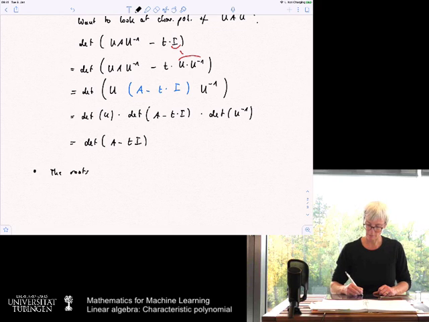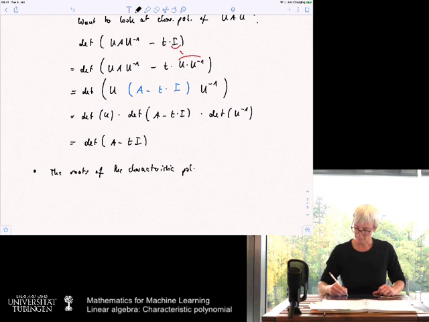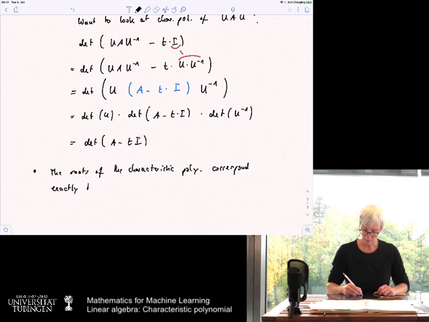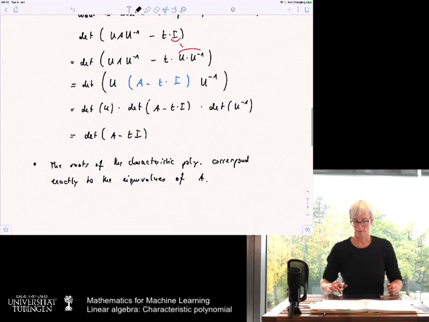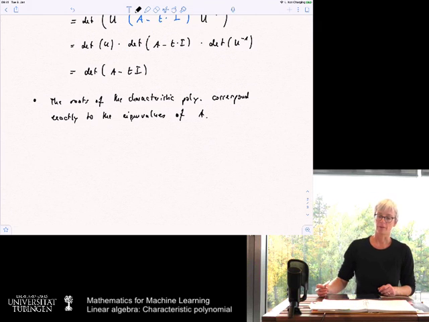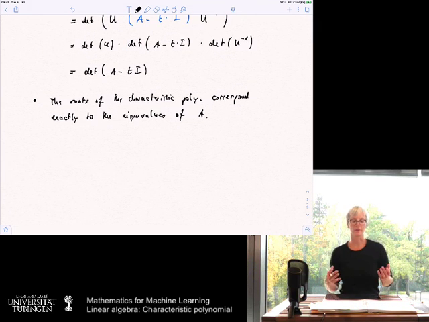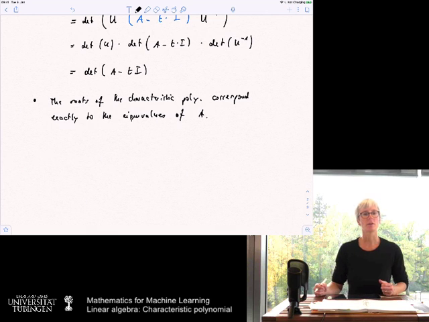So the roots of the characteristic polynomial correspond exactly to the eigenvalues of matrix A. So this is one of the statements. Formally, if you want to prove it, you need to invest a bit of work, but I think based on the intuition, the fact is reasonably clear.